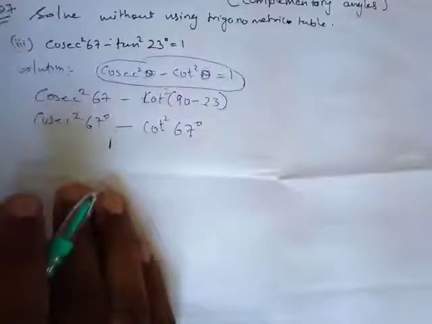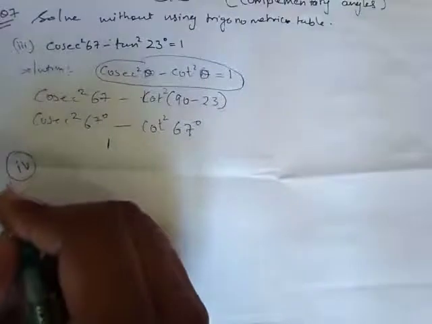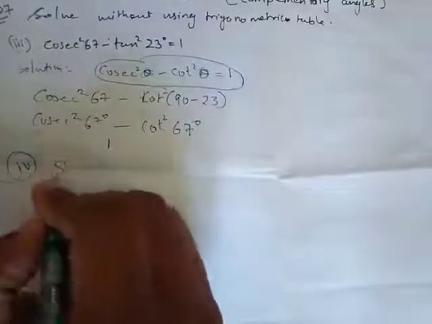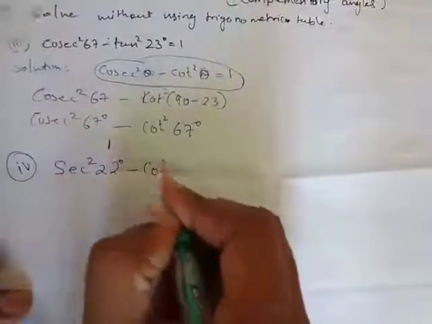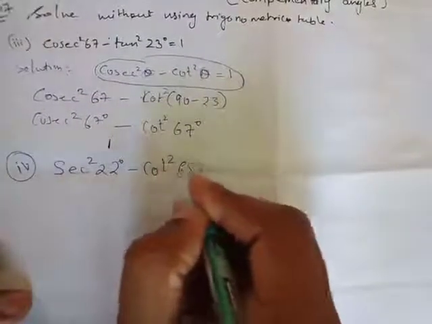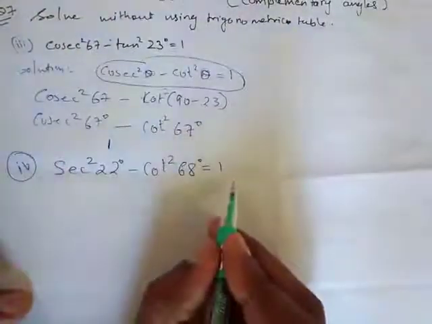If you didn't understand, let's look at the fourth part of the same question, question number 7. It says sec square 22 degree minus cot square 68 degree equals 1. I have to prove that the left hand side equals 1.